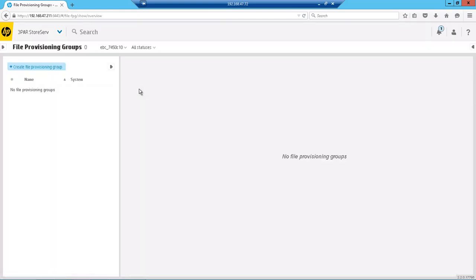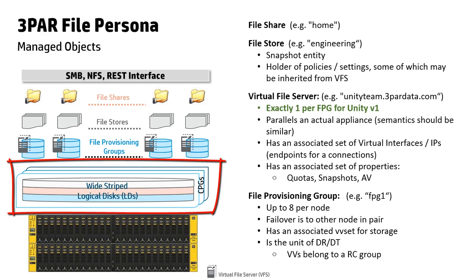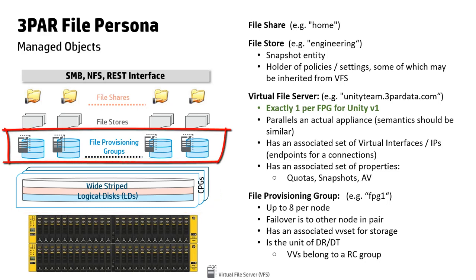So just to give you an idea of what this file provisioning group does, think of it as a CPG. Let's take a look at the diagram here of how things are placed within the whole file persona configuration. You have your array with this file persona configuration. You also have CPGs wide striping across the drives. You then have file provisioning groups that would associate and be linked with a CPG and a node.